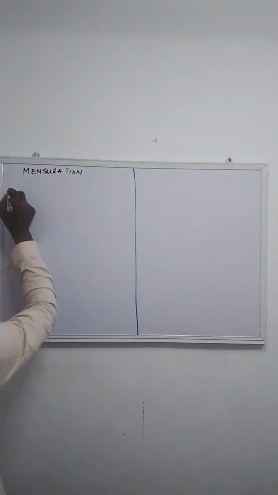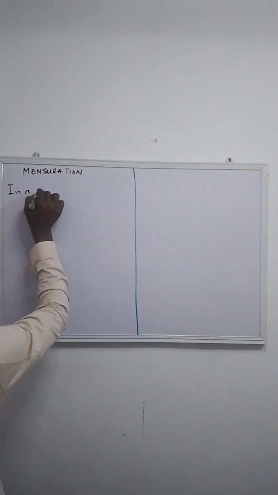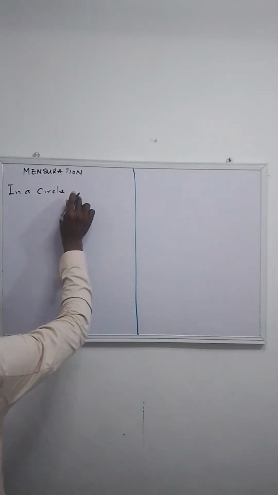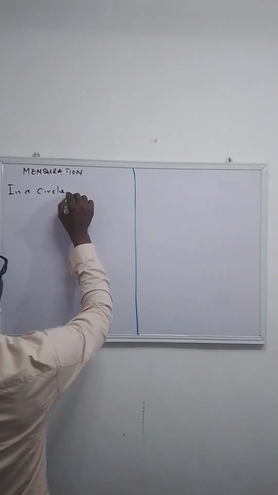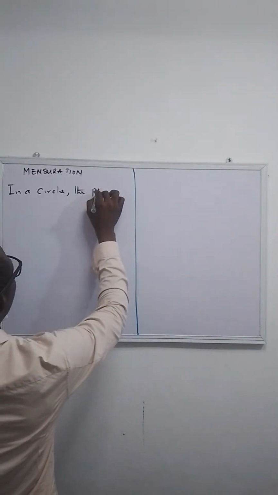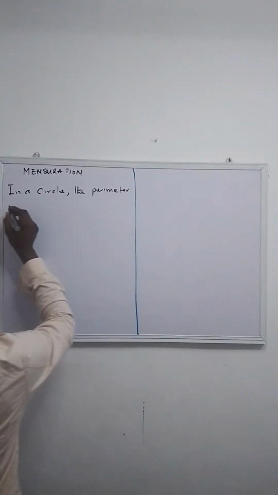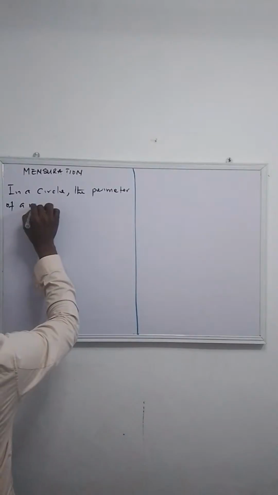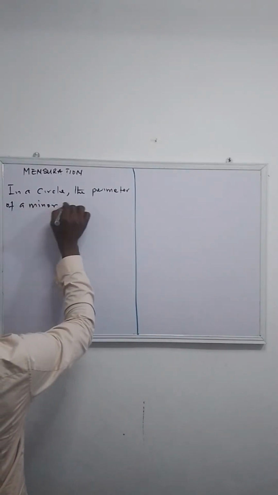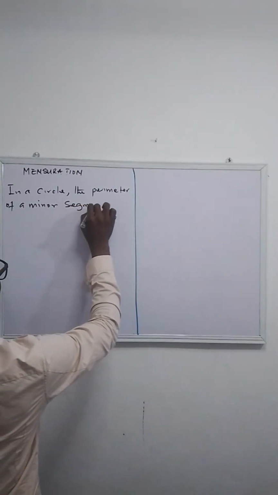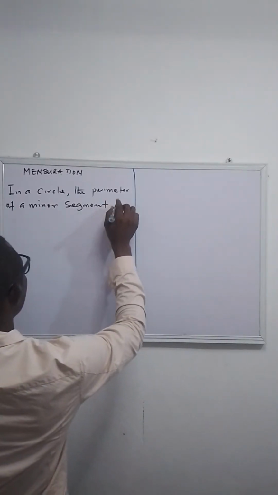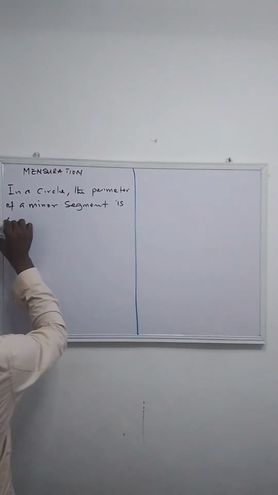Okay. In a circle, the perimeter of a minor segment is 40 centimeters.